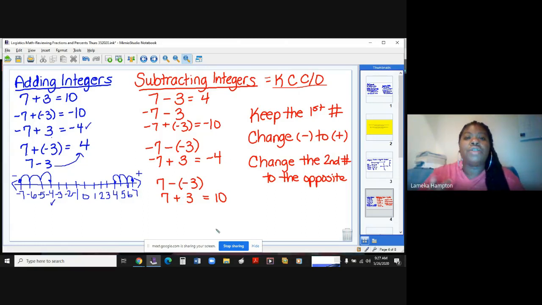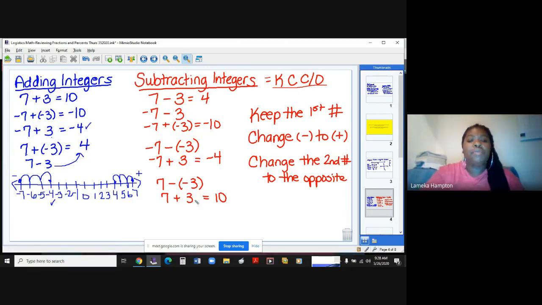So when you hear it and then you see my explanation, you can put those connections together and say, okay, I keep 7, change the subtraction to addition. The opposite of -3, I'm changing it to 3.